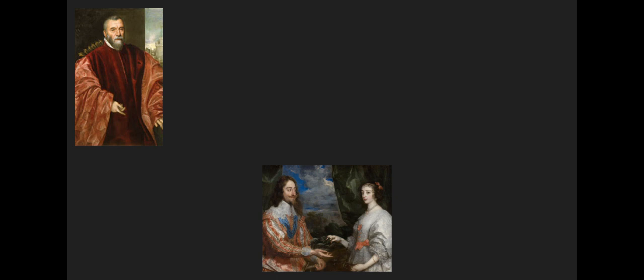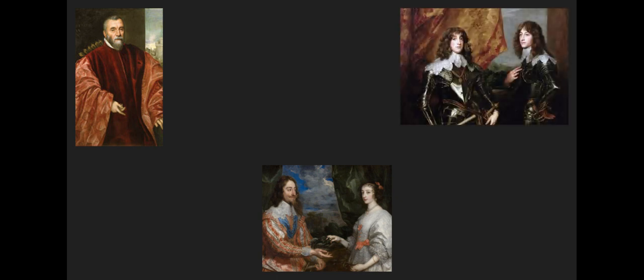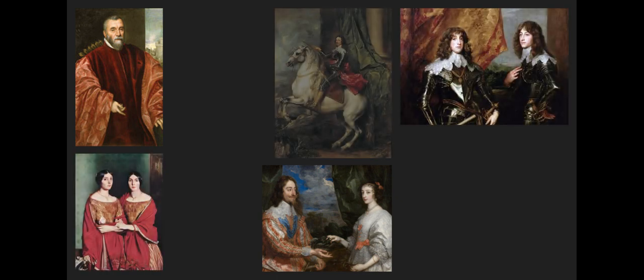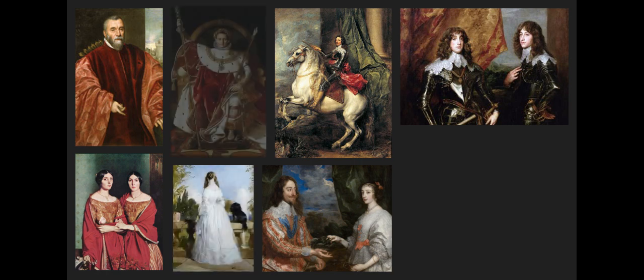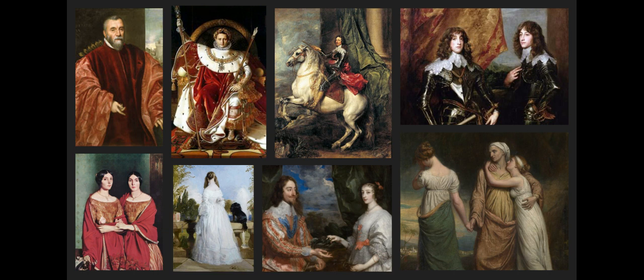With portraiture, back in the day, portraits were of lords, of rich husbands and wives. We had princes, we had ladies, we had nobles that were in battle. We had kings, we had people that were referenced from the Bible and other religious texts. What do you notice about all of these people?